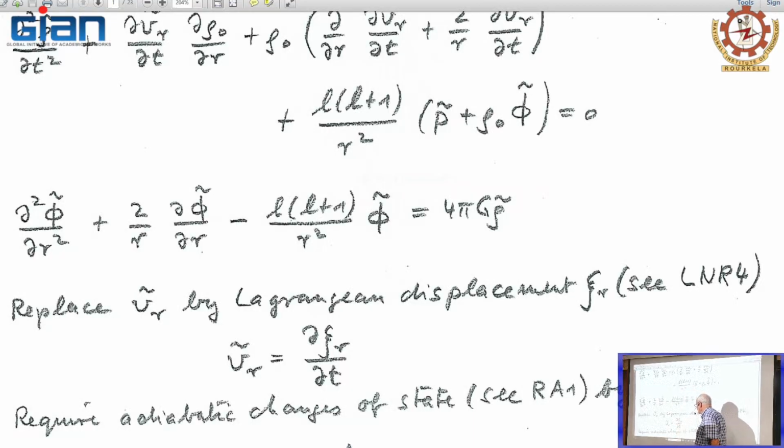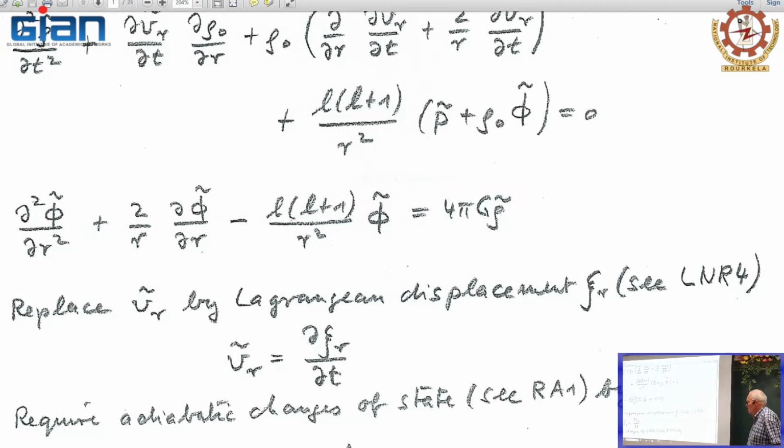The Eulerian velocity perturbation is simply the Eulerian time derivative of the Lagrangian component psi r.